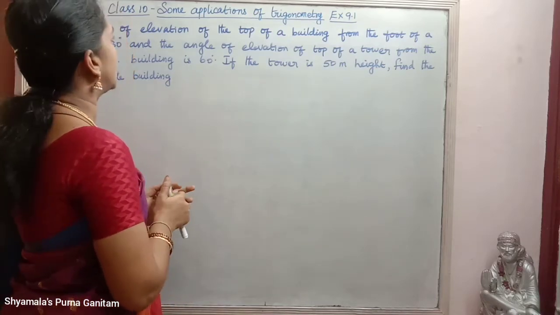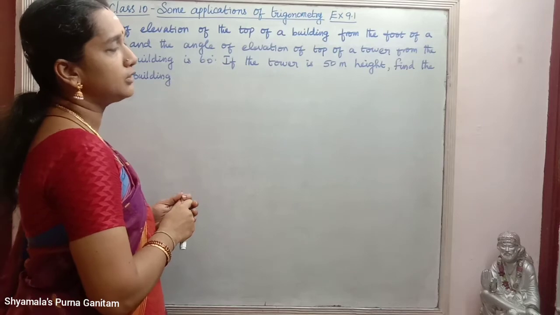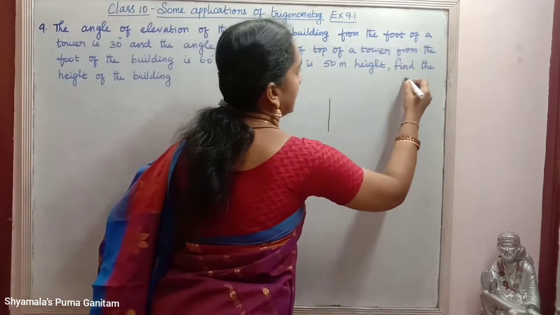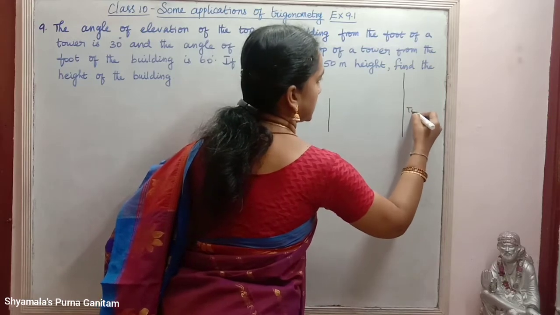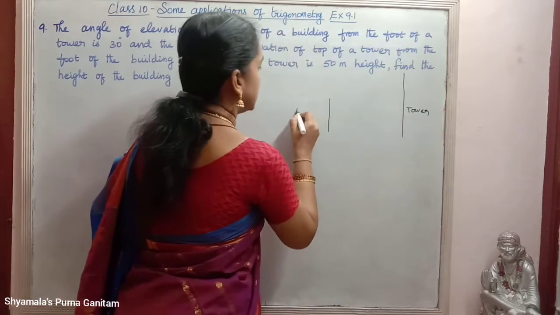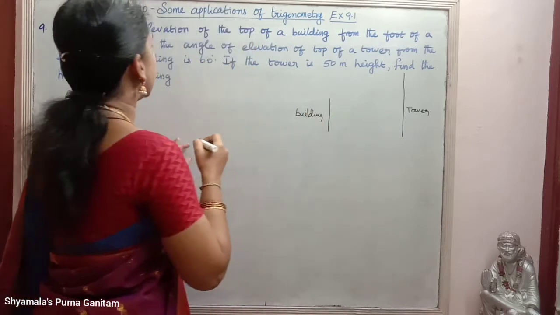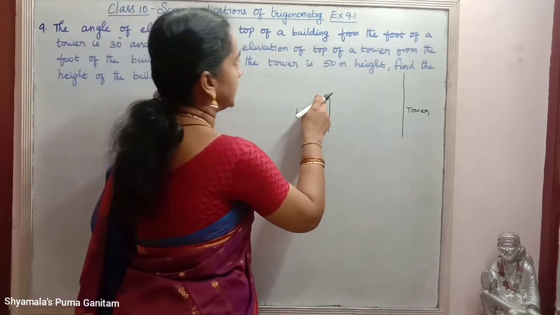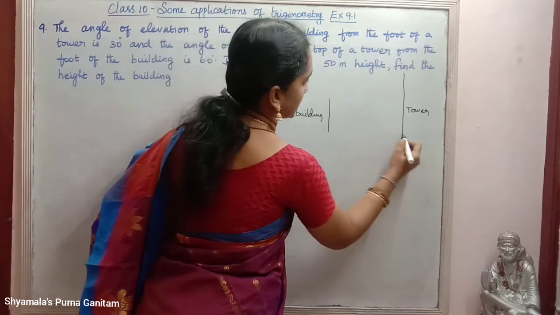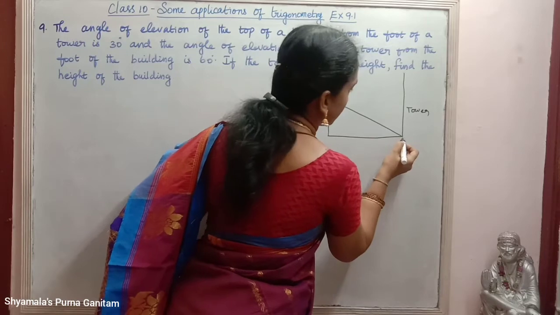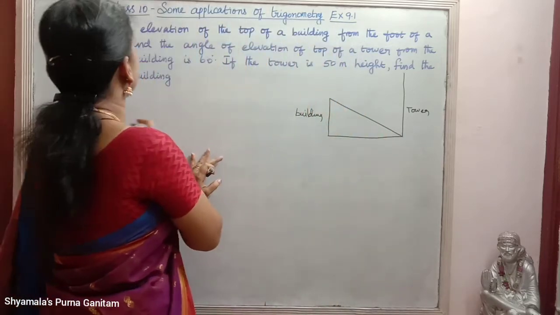The angle of elevation of the top of a building from the foot of a tower. So a building is there and a tower is there. So this is tower and this one is building. From the foot of the tower, the angle is 30 degree.